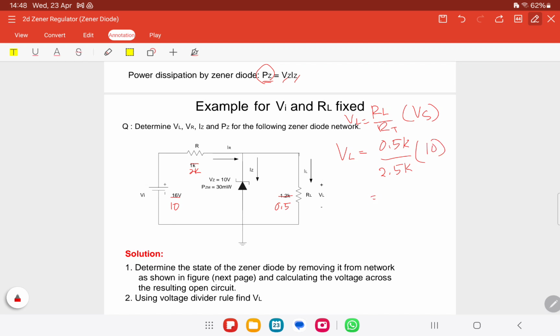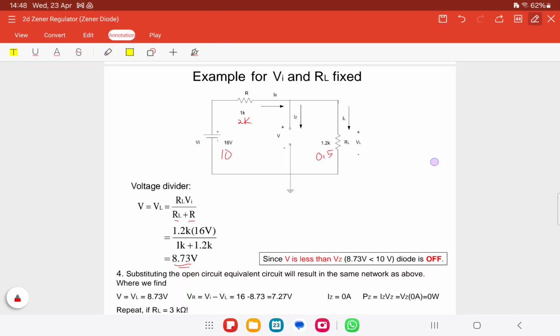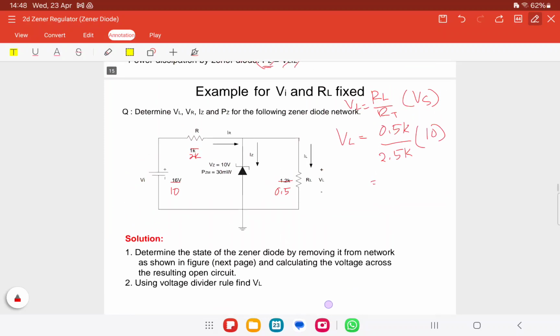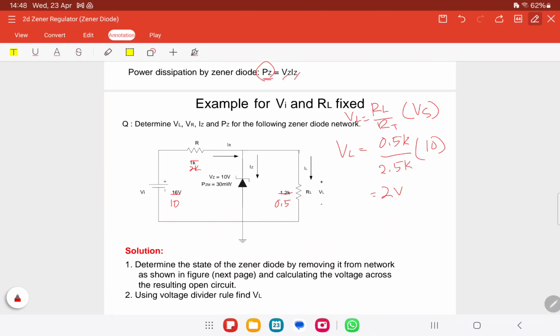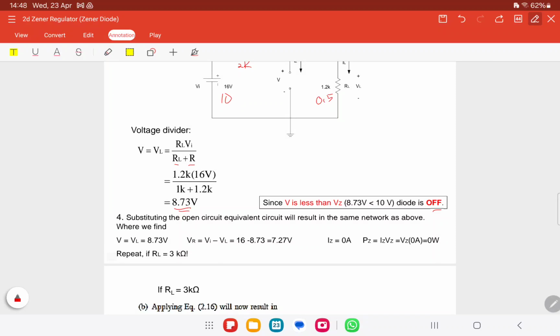What is the value? 2 volts. For 2 volts it is less than 10, kan? VL less than VZ, so it will be off. Sama pula, off pula.